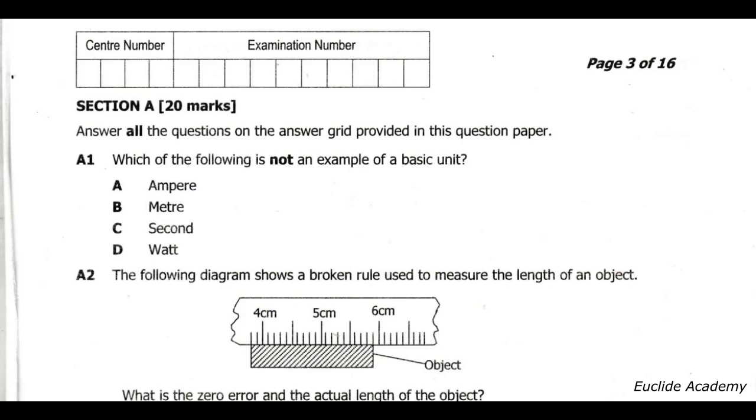So we'll look at question 1, which says, which of the following is not an example of a basic unit? So basic units, or sometimes also known as base units, we have about 7 of them, and one of them is, of course, the meter, and then for time, which is seconds.